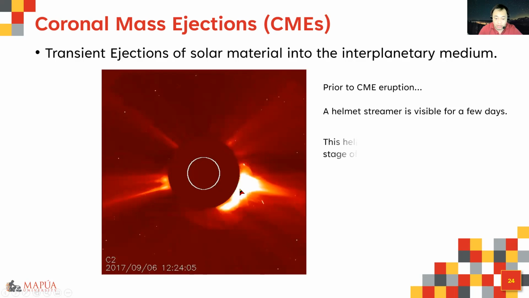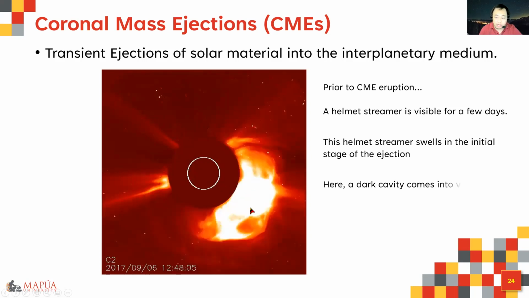But as you progress to 12:24, this streamer swells in an initial stage of the ejection. Again, this is the time that the flare happened. And then after 24 minutes, you can see that the explosion starts to expand.